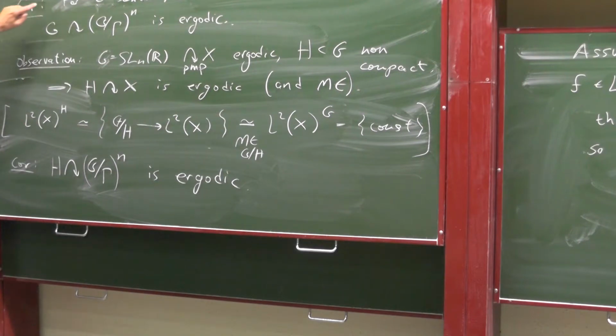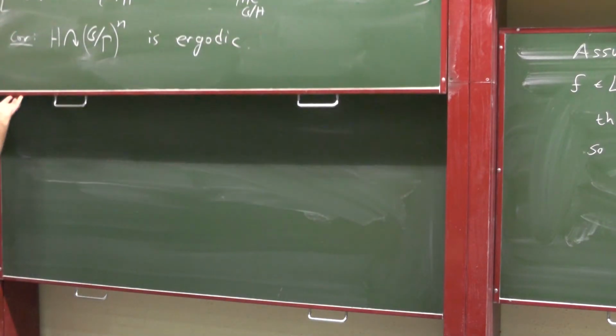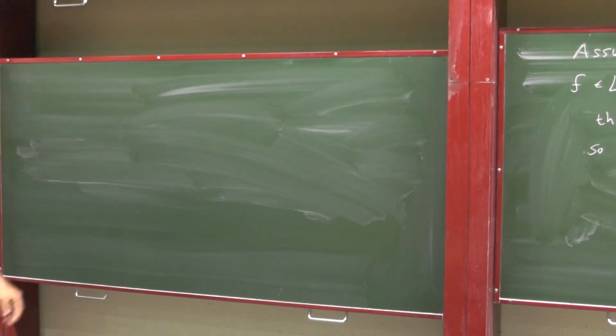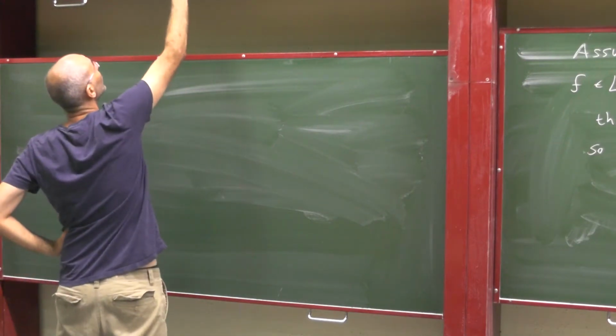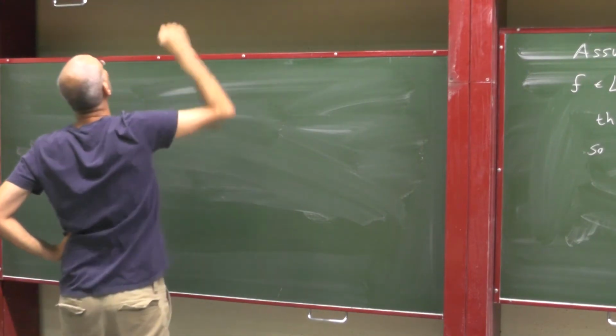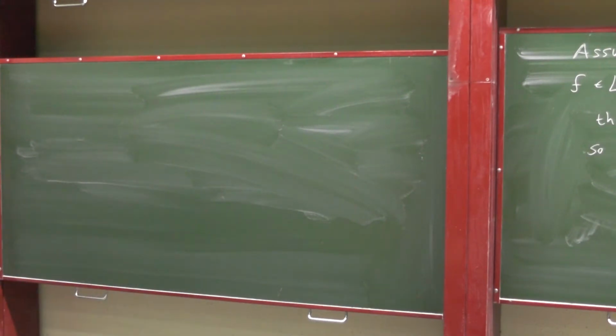With these notations, of course: G is SL_n, gamma is a lattice, H is non-compact in G. So we get these for free. It's ergodic and metrically ergodic. In particular, H acts on G mod gamma metrically ergodically.